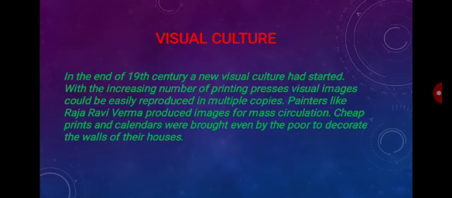Now poor people could decorate the walls of their houses with cheap prints and calendars. I have already told you the supply was increasing, that is why prices were going down. So now this printed material was easily available in the market at a cheap and reasonable price. That is why poor people were also able to buy them.